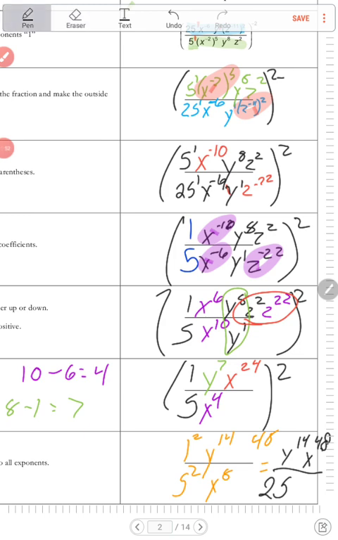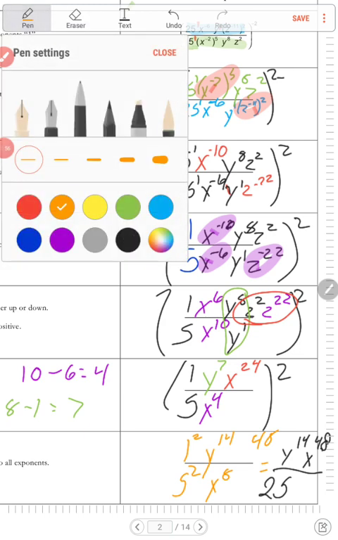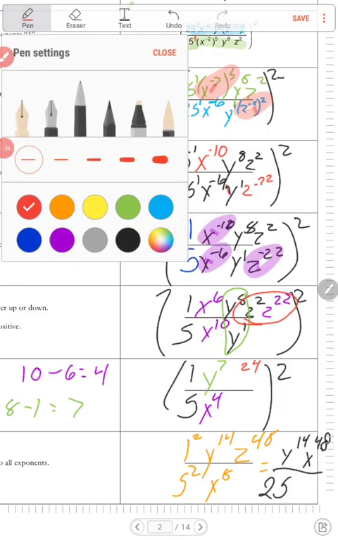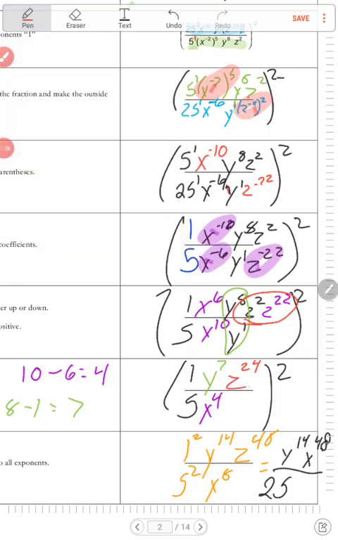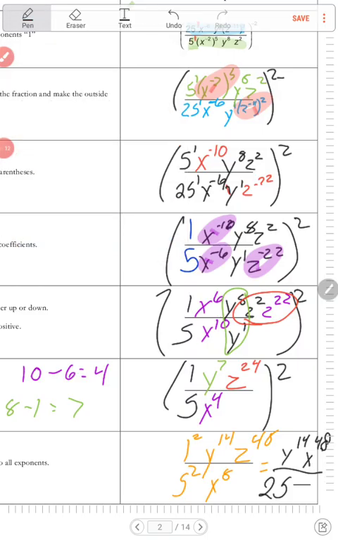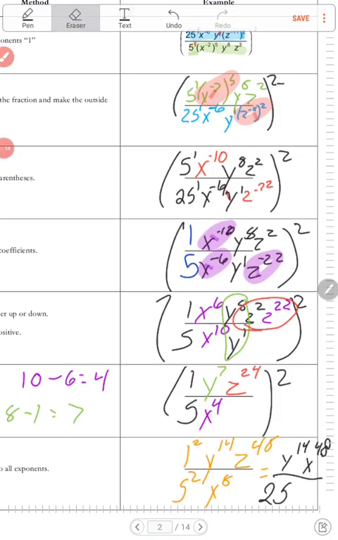That should be a z, and so should that. So I said z right there and x to the 8th.